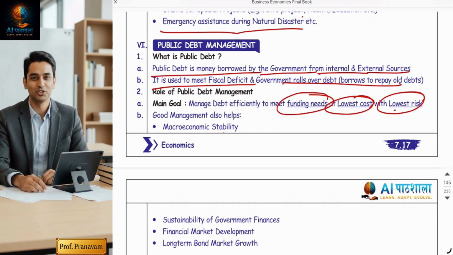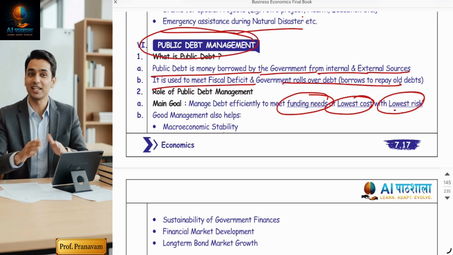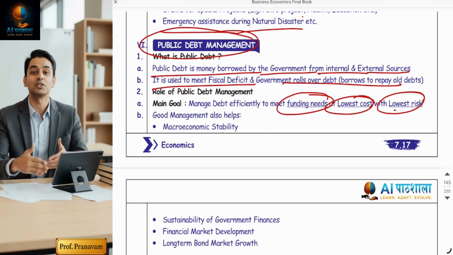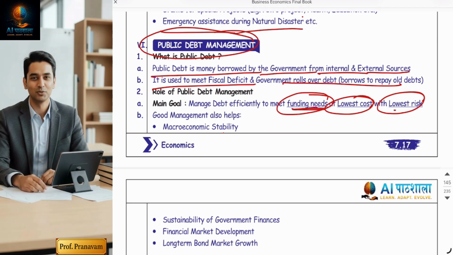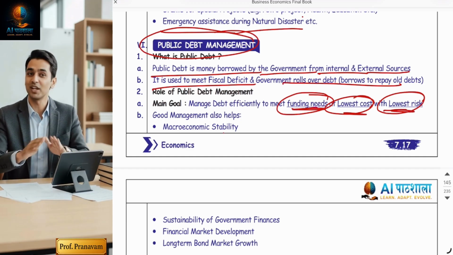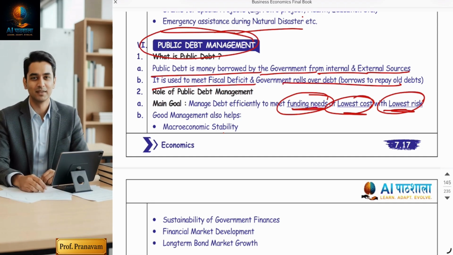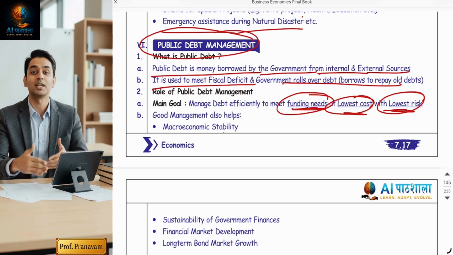Now, what is the main goal of public debt management? We are managing the debt. The main goal is meeting fund needs at the lowest cost with the lowest possible risk. Of course, because when you take a loan, you solve the current year's problem, but the burden of interest increases in the future years, am I correct?